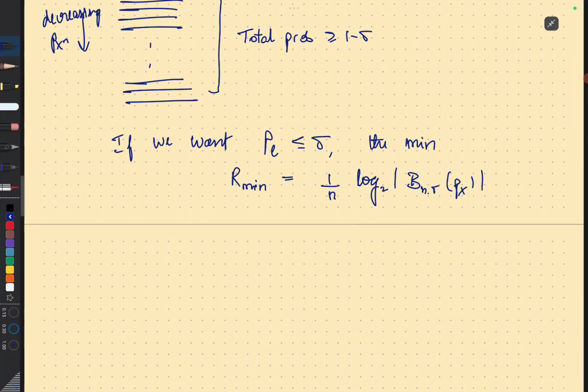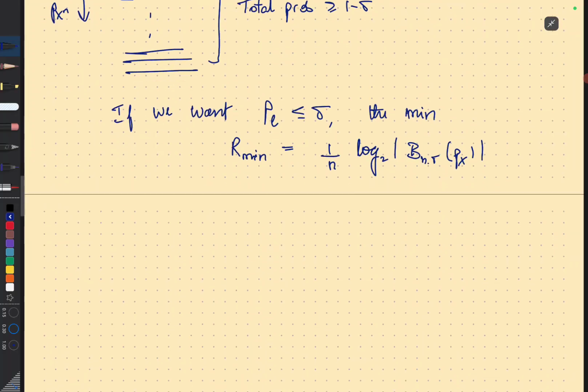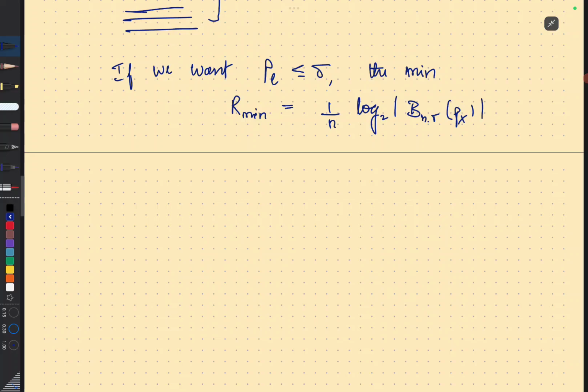But we also know that if we choose the typical set, then the probability of error is something that vanishing with n. So let's do the following. Let's fix an epsilon greater than 0. This epsilon is taken to be something very, very small. I want a lower bound on the cardinality of B_n^delta.